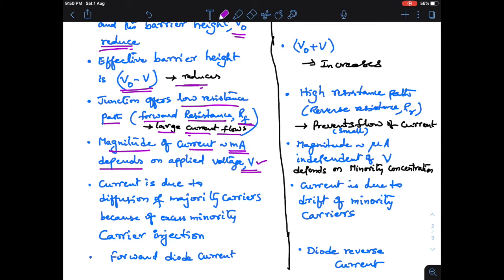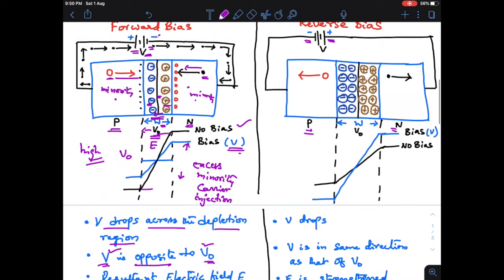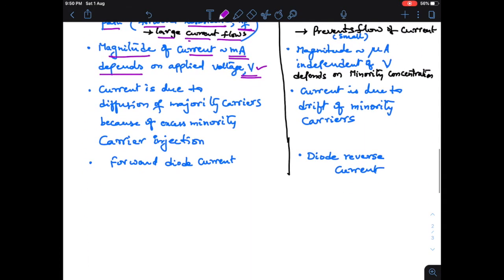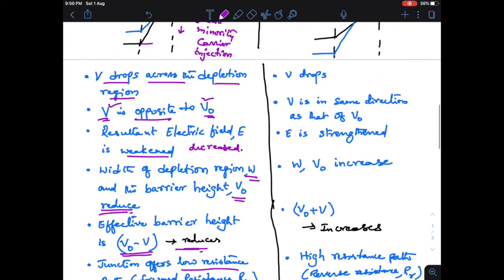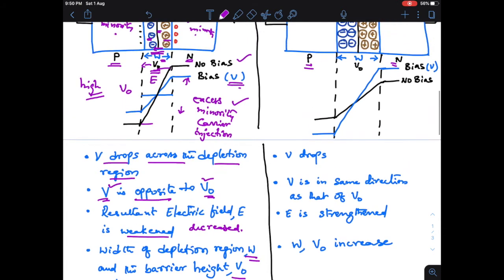So current is due to diffusion of majority carriers. What do I mean by diffusion of majority carriers? Holes from P side to N side, electrons from N side to P side. So because of that, there is excess minority carrier injection, which I just mentioned. Why excess minority carrier?